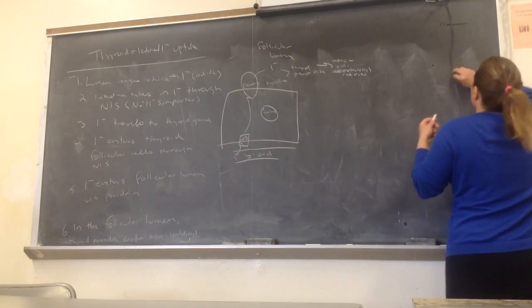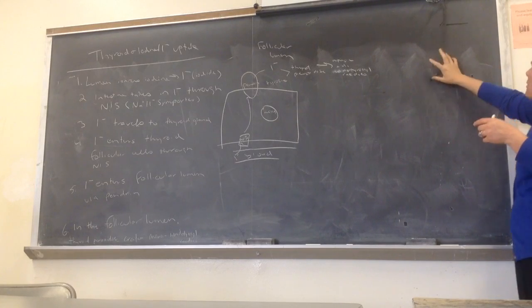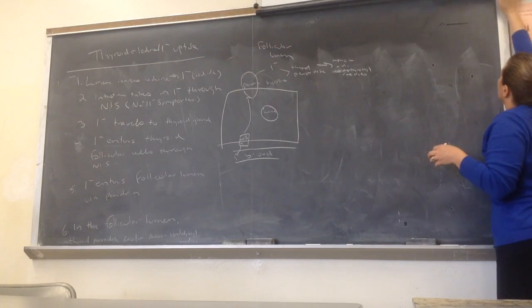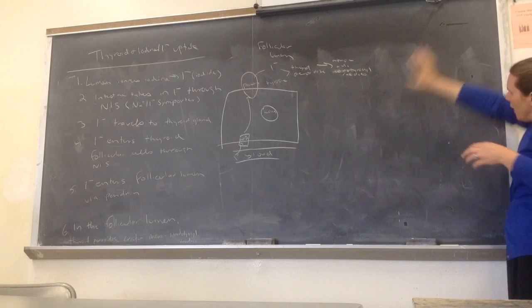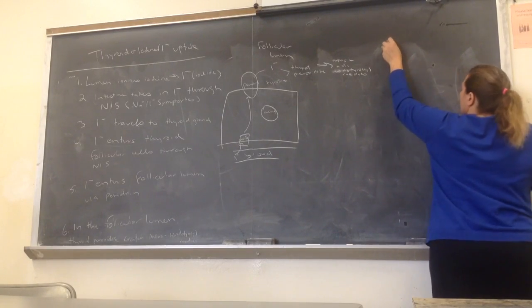After that, we're going to do the first picture going from the bloodstream into the thyroid and then releasing. Then I'll erase that and we'll do the rest. So, 7.